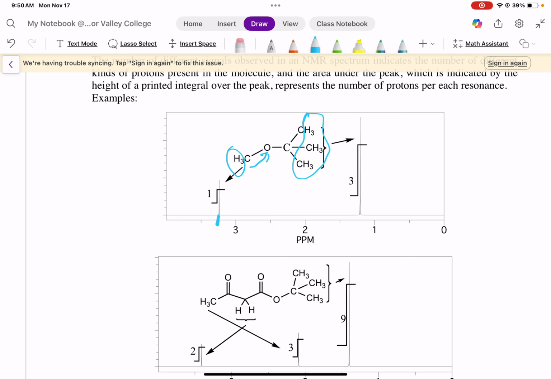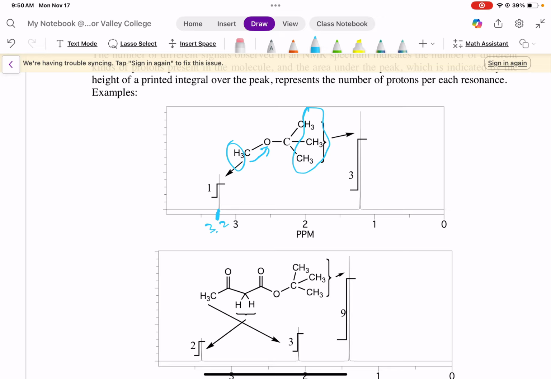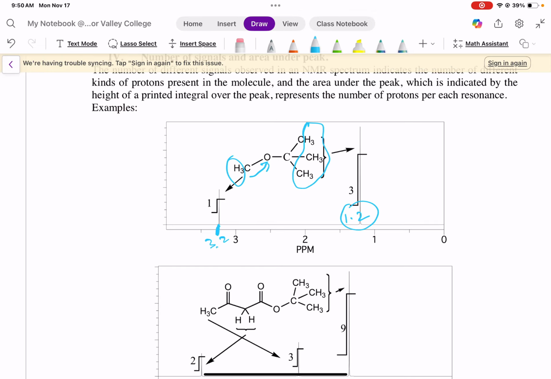So it's pretty high, like 3.2, versus 1.2. Now what's the ratio here? This looks like 9 hydrogens versus 3 hydrogens. You take 3 hydrogens versus 9 hydrogens, you do the ratio, it's going to be 1 versus 3. Lowest ratio. So we've got 2 signals.